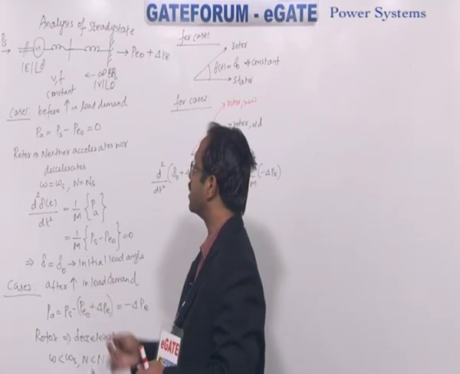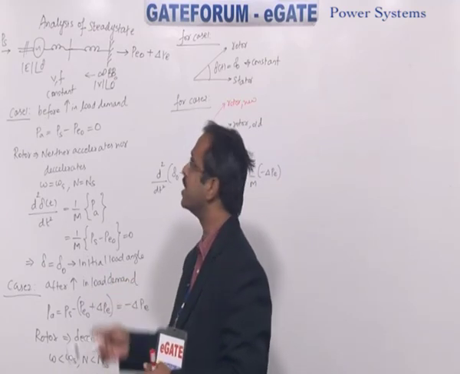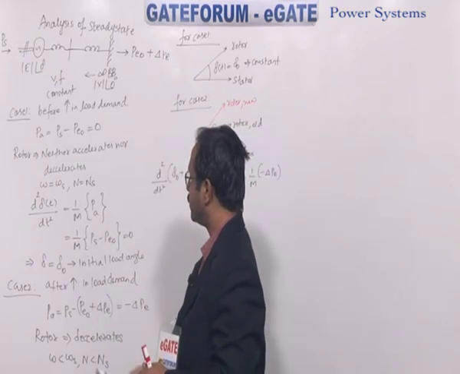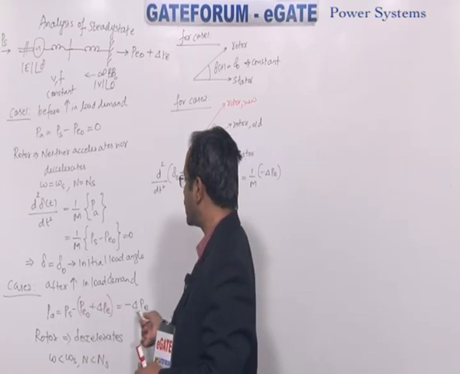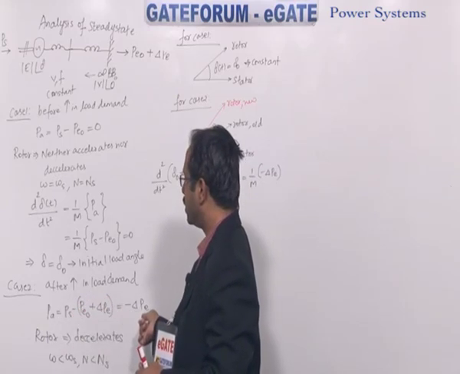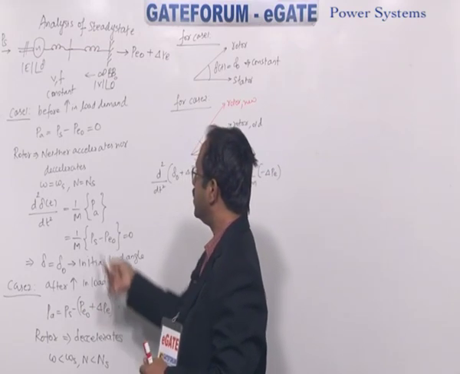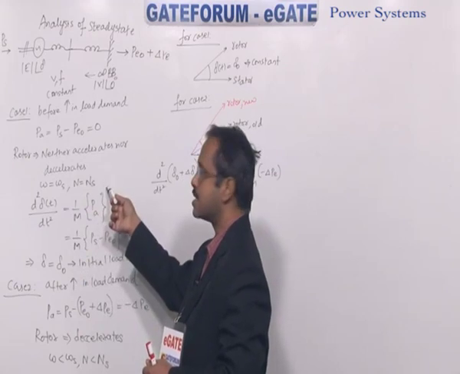And now you consider, after increase in the load demand, that the load demand is increased by delta Pe. Ps and Pe are not equal, so Pa is minus delta Pe. Pa negative means the rotor decelerates. Previously omega equal to omega s, or n equal to ns.